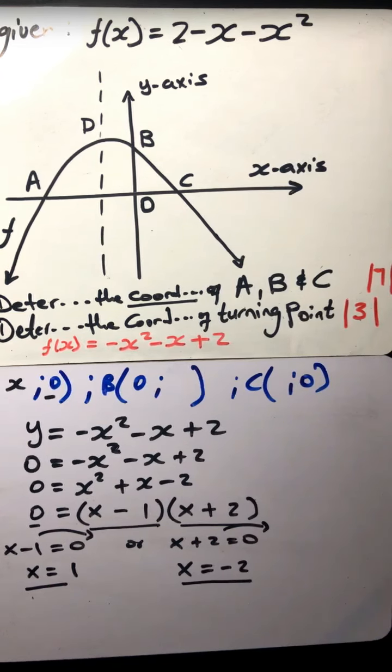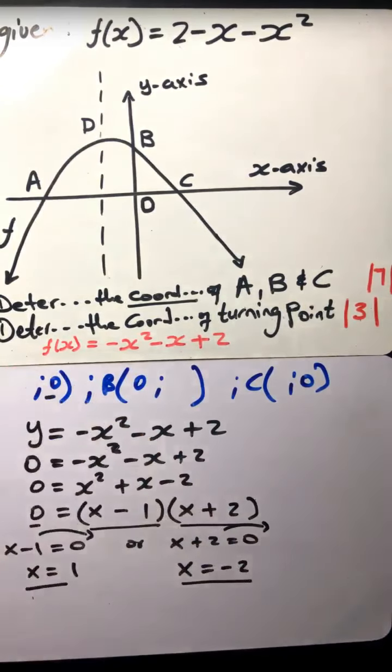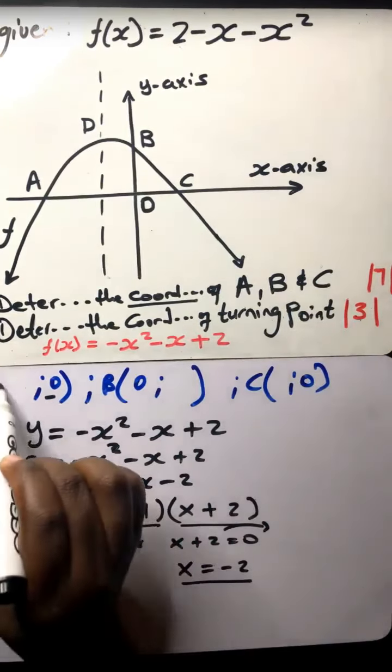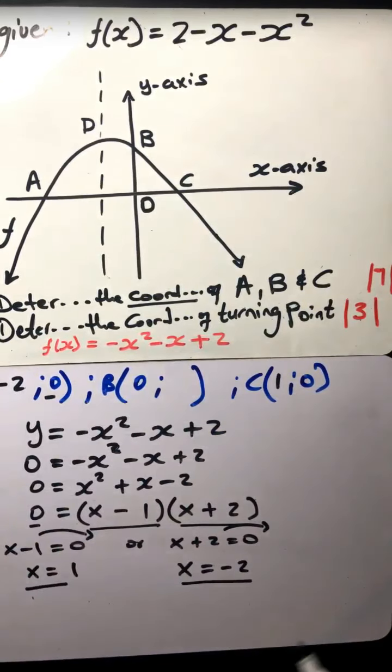I think C will, the value of x will be 1. Then A, the value of x will be negative 2. 100%. So do you guys understand that part? Just make sure that you understand what we are doing there.